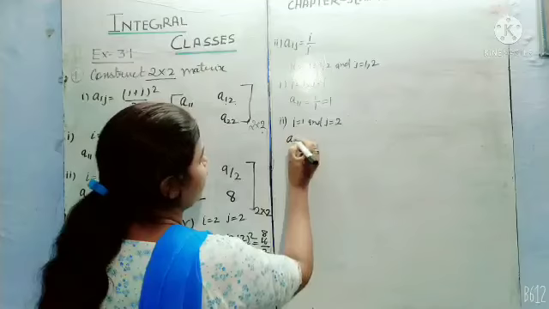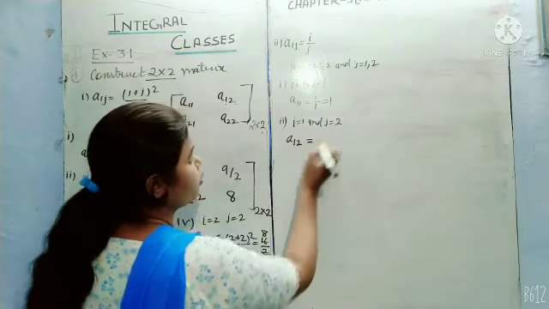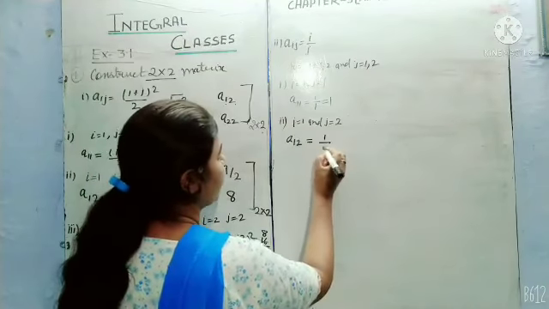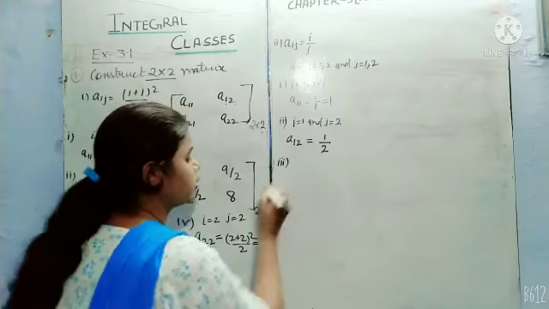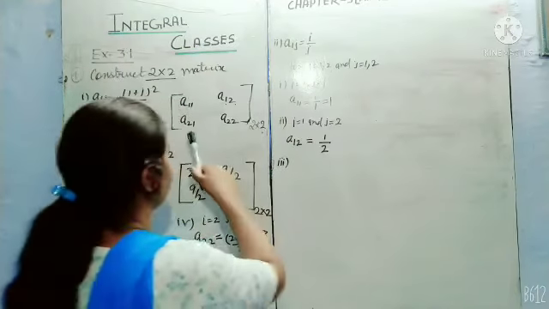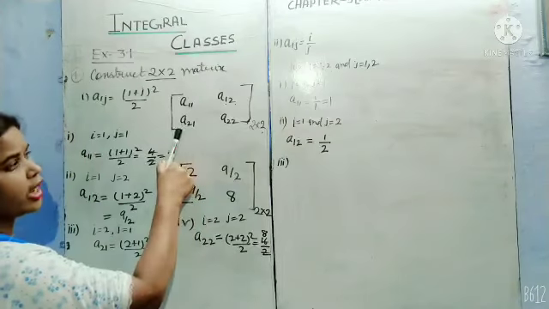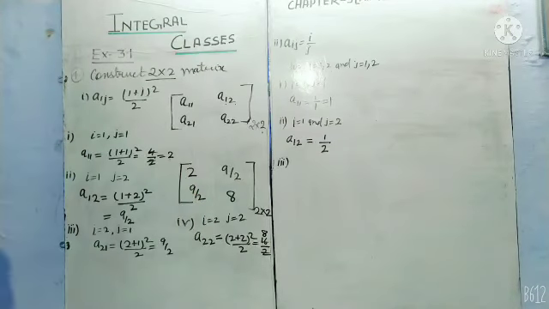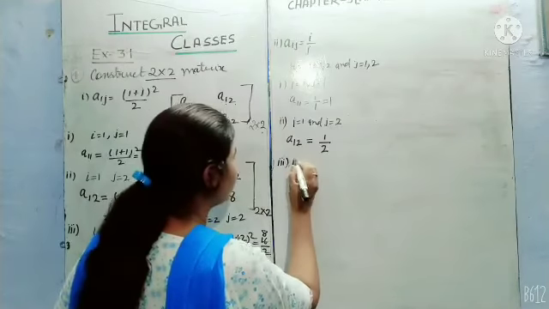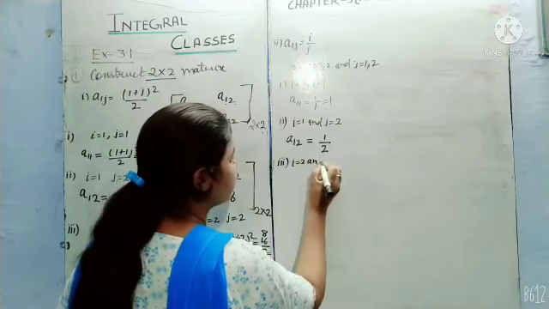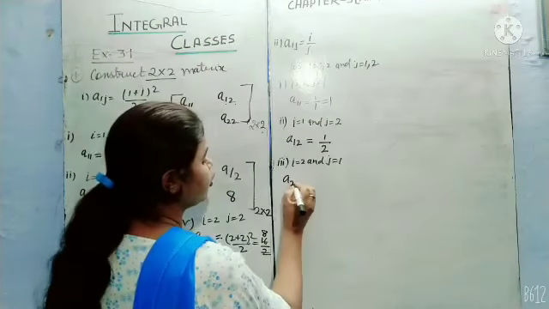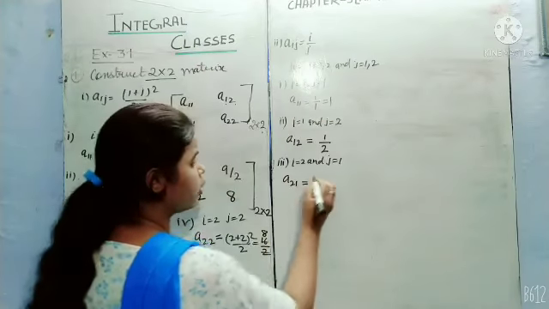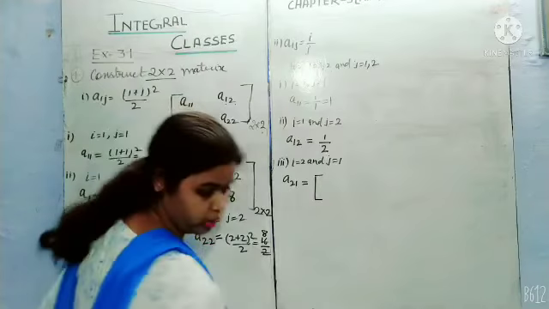So we will get the value of A12, then 1 by 2. Now third is the value A21. It means i equal to 2 and j equal to 1. Then put here A21 equal to what? Oh, sorry, it's wrong.